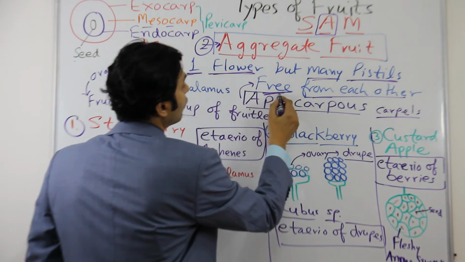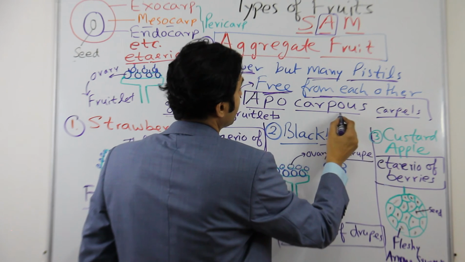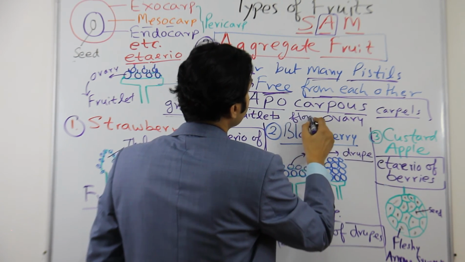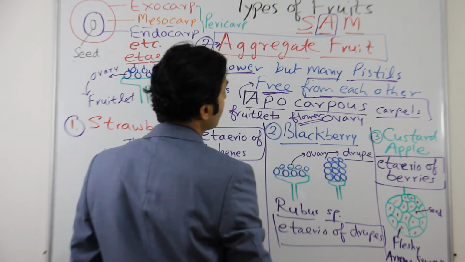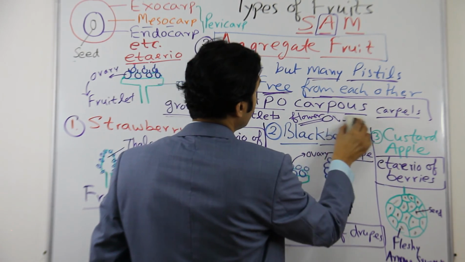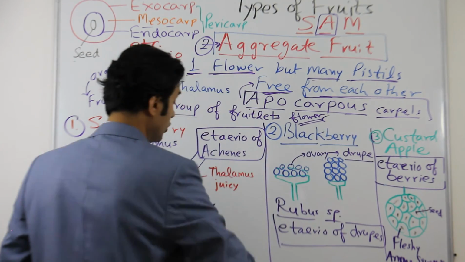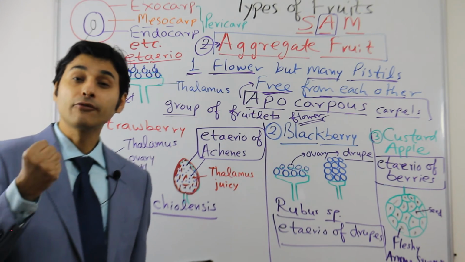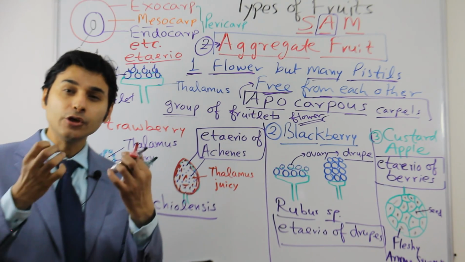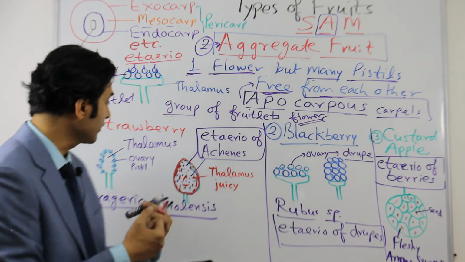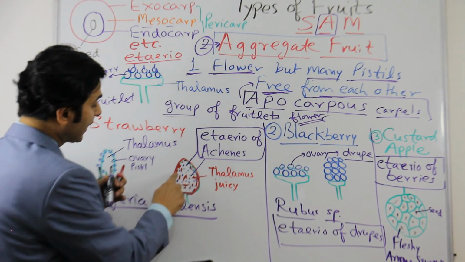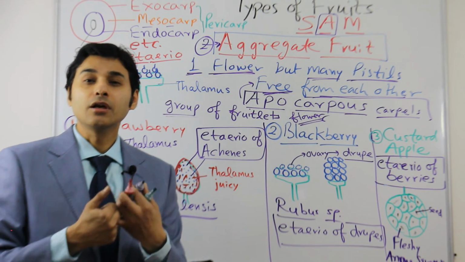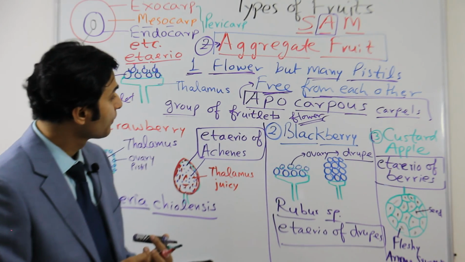Apocarpous ovary, or apocarpous flower, you can say, because many carpels are there which are free from each other. Each one will change into a smaller unit, a fruitlet, and when they have changed into fruitlets, they are together. As you can see here, they are together like this, an aggregation, and this is basically an aggregate fruit.